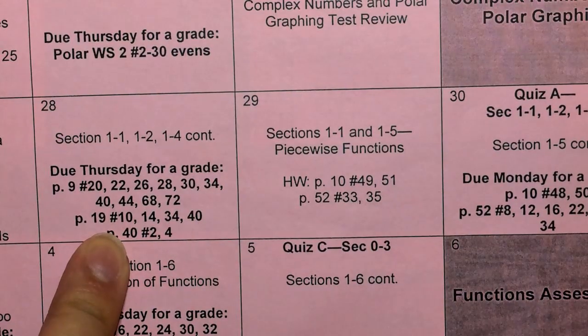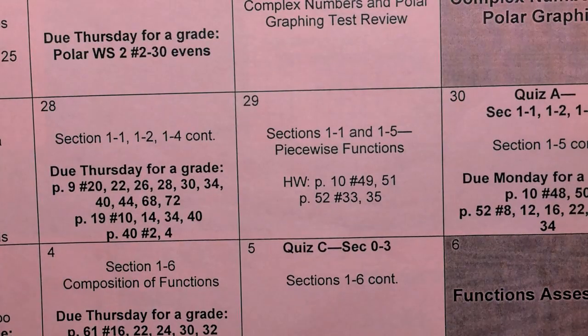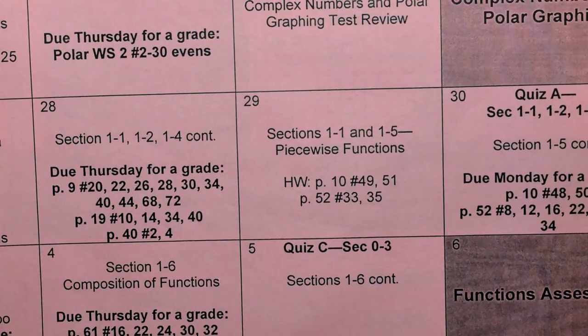But I also want to show you something real quick about it. If you look at, especially page 40, when you look at the problems for page 40, it's very hard to see. This is asking about increasing, decreasing. Do y'all agree it's very hard to see what this is? My advice is it's homework. You aren't going to have a problem that looks like this, that hard to read on your test.